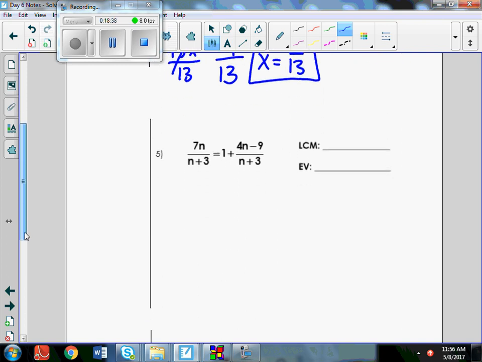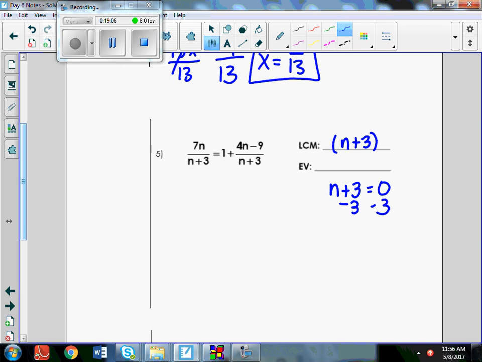All right, so let's look at the next one. I've got 7n divided by n plus 3 equals 1 plus 4n minus 9 over n plus 3. What's my least common multiple? n plus 3. If n plus 3 is my only denominator, what's my excluded value?